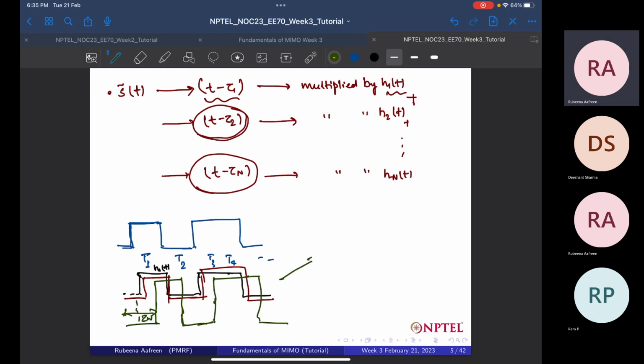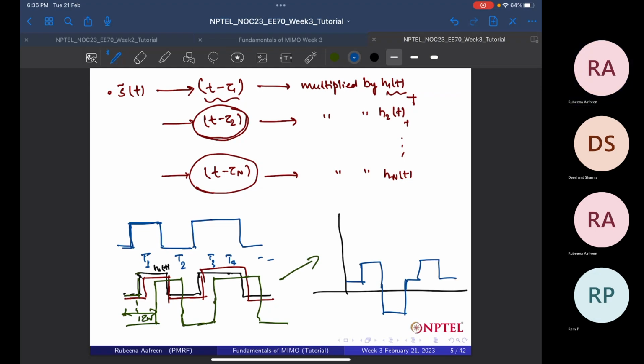Now you see what happens at the receiver. The signal is getting interfered by the other signals. So at the output we don't know what kind of output it would be. Now it would be totally random. Anything, we cannot predict. So this will be some very arbitrary sequence.